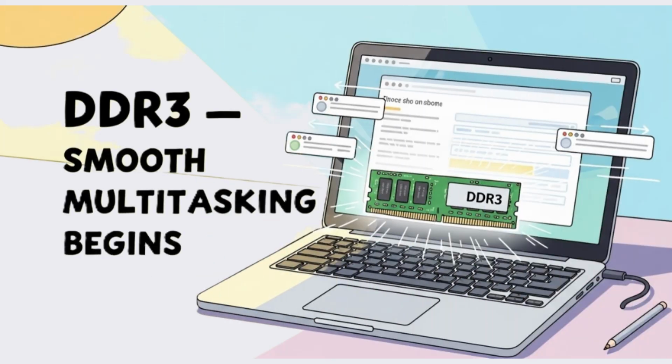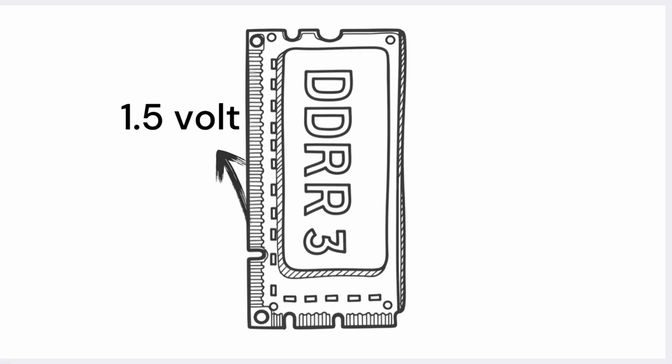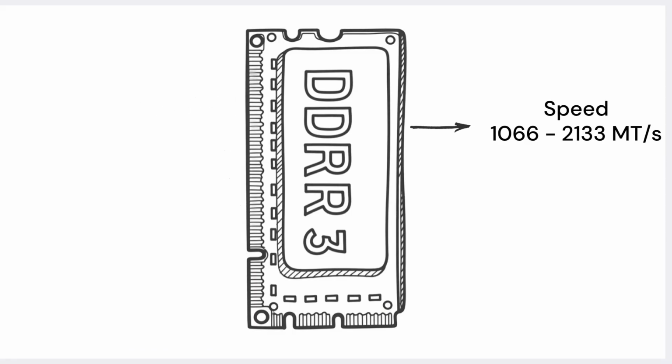DDR3, the first modern-feeling RAM. Time period, around 2010 to 2016. Status today, aging, but still usable in older systems. DDR3 was a big deal. It runs at lower power than DDR2, about 1.5 volts, sometimes even 1.35 for low-voltage versions. Speeds typically 1066 to 2133 MT/s.